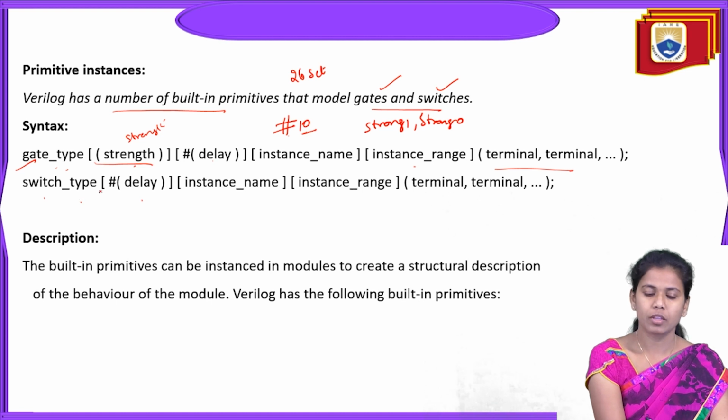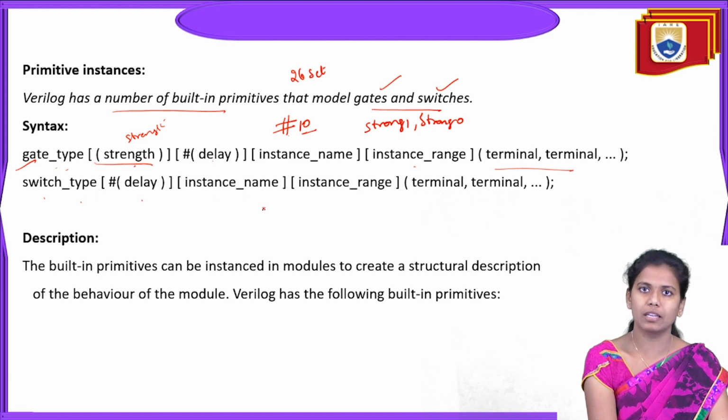Switch type goes with the delay, and then the instance name, the particular instance name, the range of that particular instance, and the terminals.